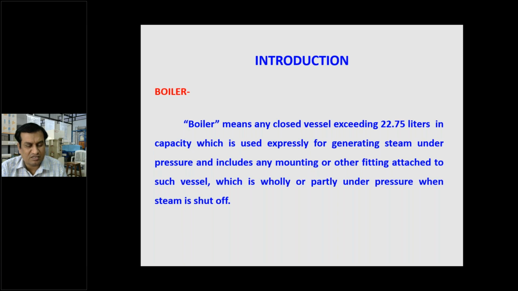All these types are mountings. That may also be a water level indicator to check the water level in the drum, or temperature and pressure gauges. When we talk about accessories, accessories means additional parts, the additional parts other than the mountings on the boilers.